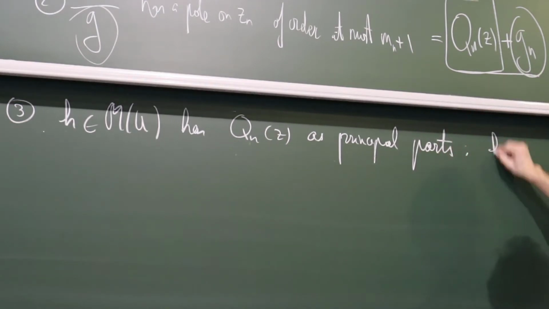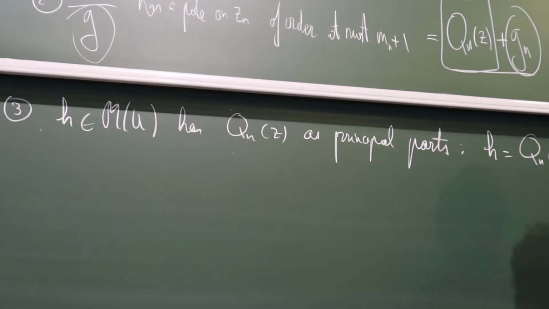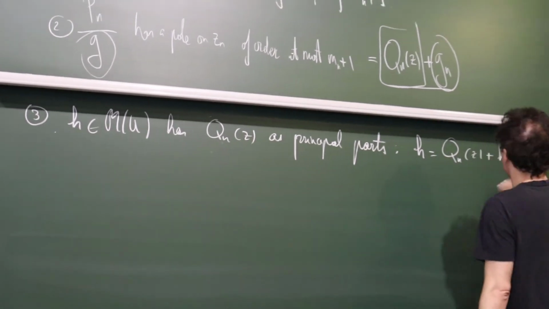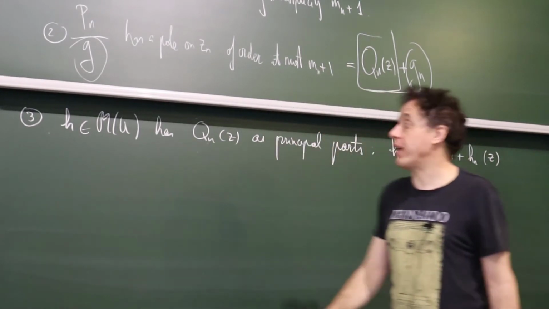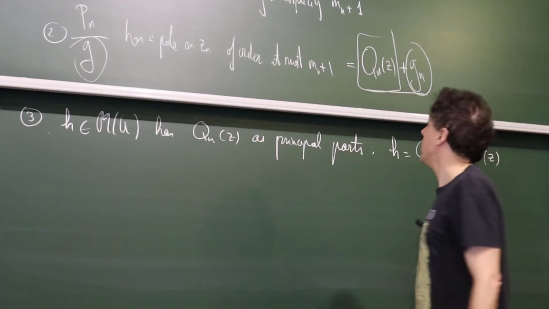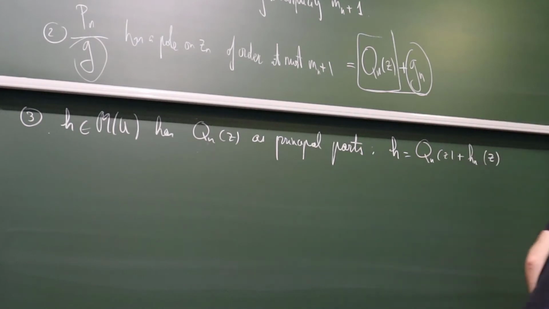So h is Qn plus the rest of the terms. But h is well defined in U, meromorphically, but well defined. Okay? So, what do we do now?